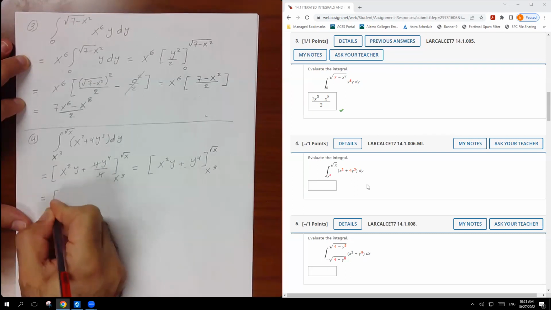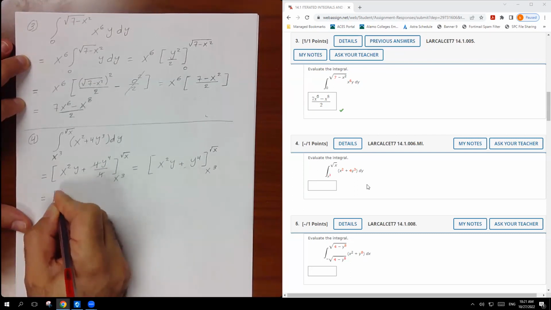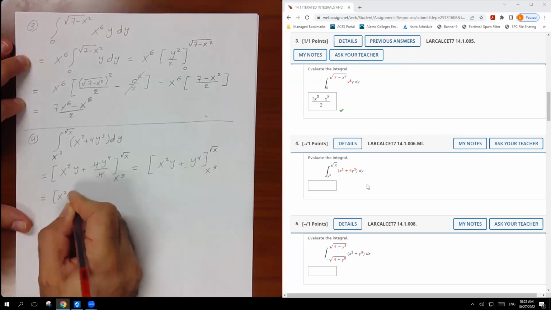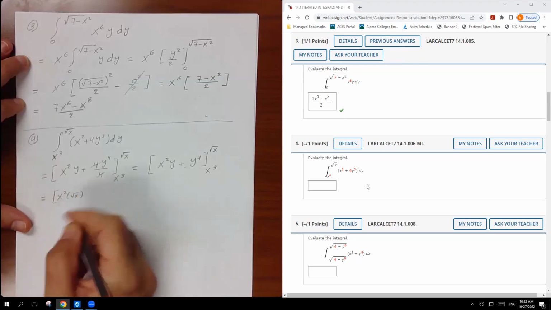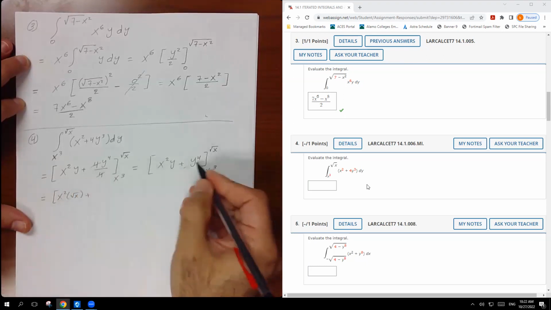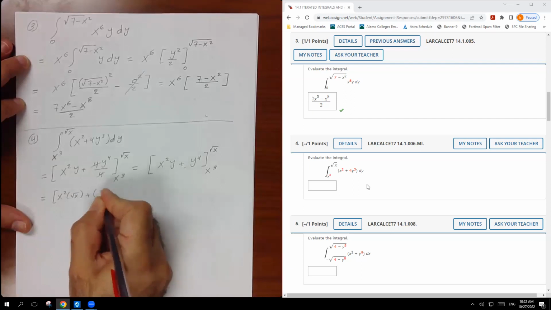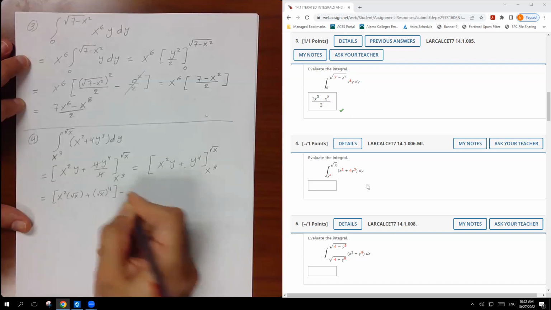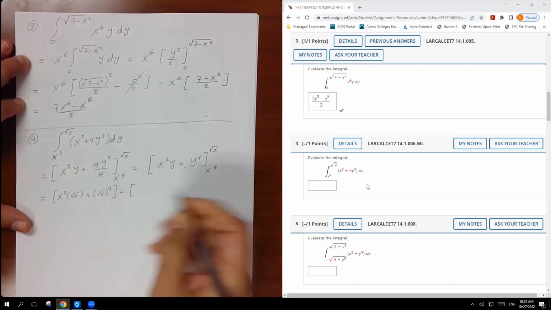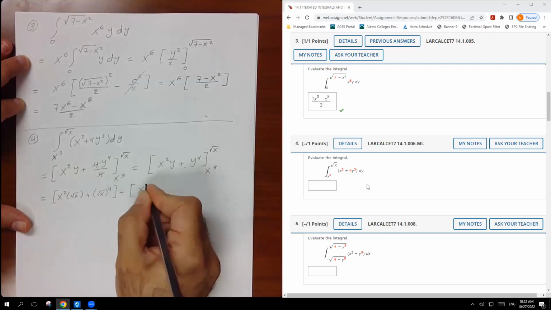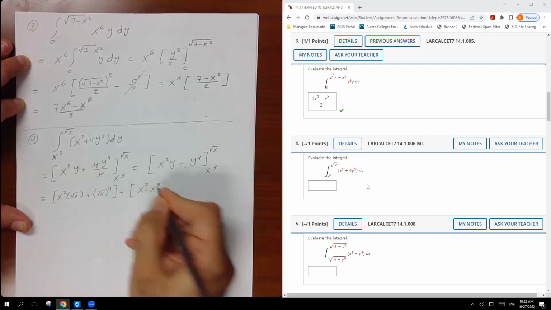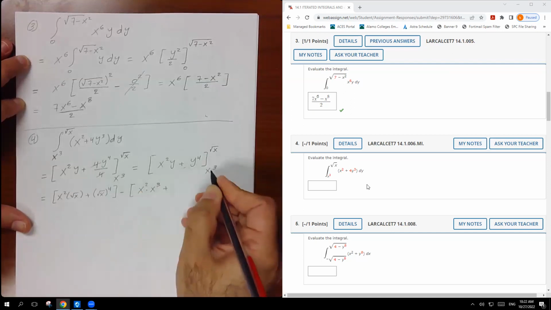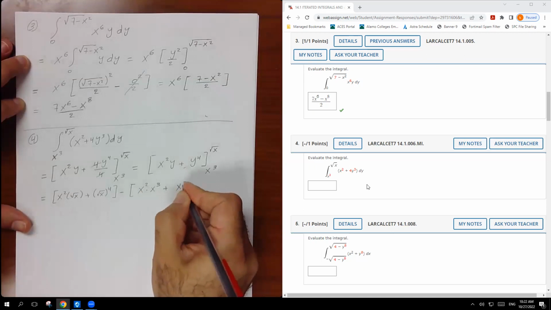So it's going to be x squared times square root of x plus square root of x to the power 4, minus, plug in x cubed, so x squared times x cubed plus x cubed to the power 4.